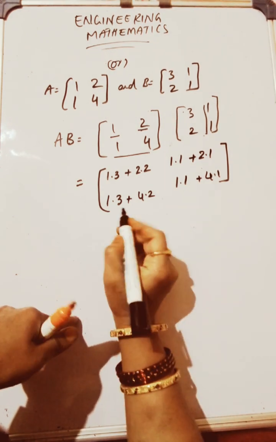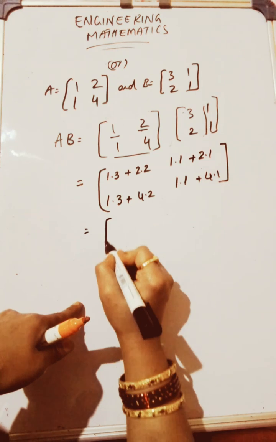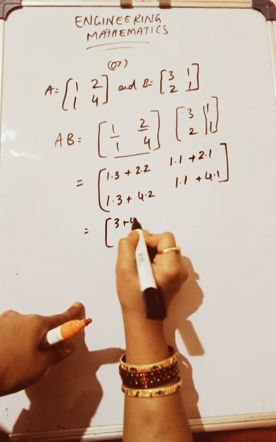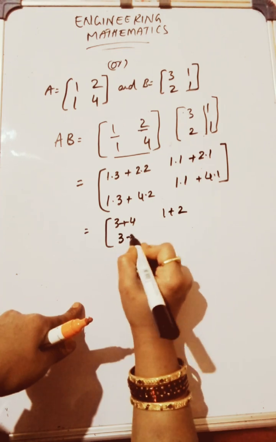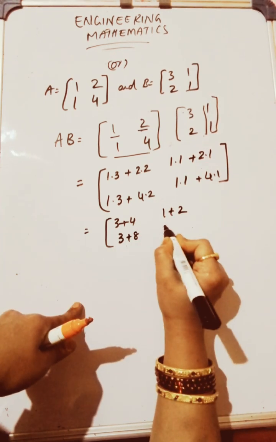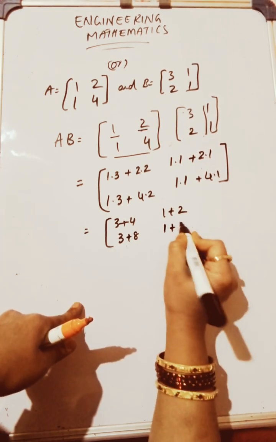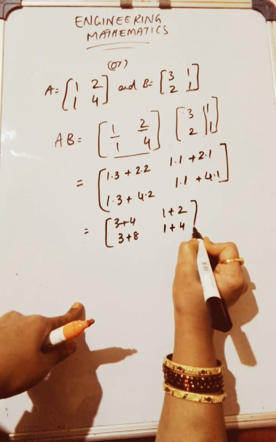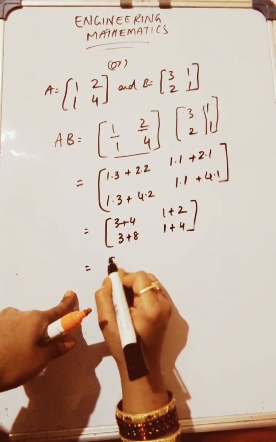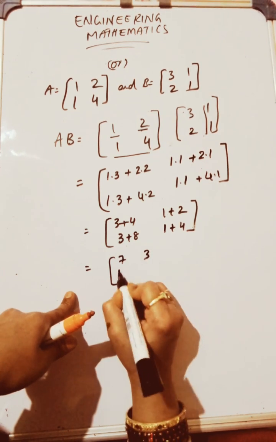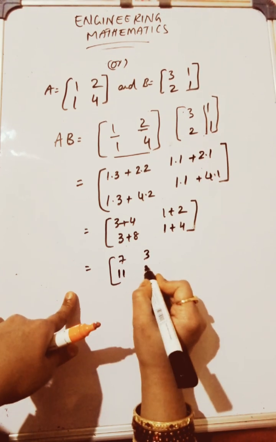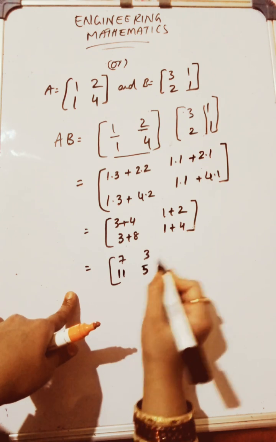Okay, clear? 3 plus 4, 1 plus 2, 3 plus 8, 1 plus 4 ones are 4. 3 plus 4 is 7, 1 plus 2 is 3, 3 plus 8 is 11, 1 plus 4 is 5.